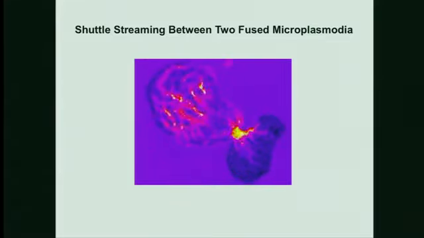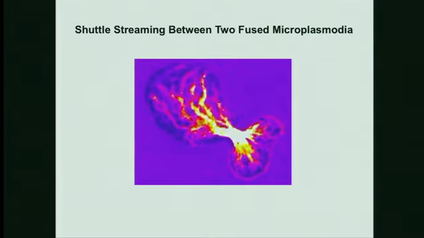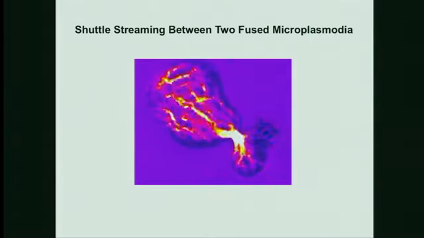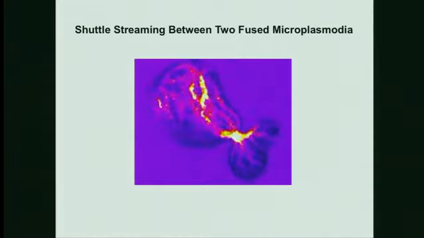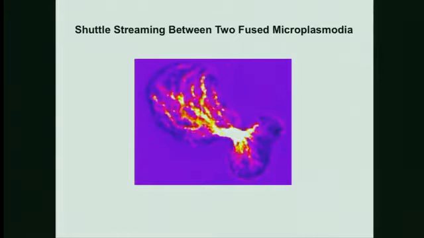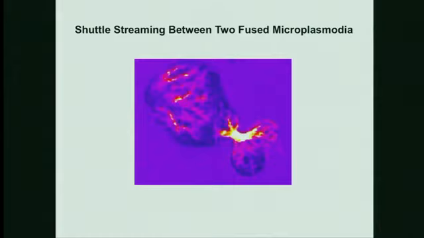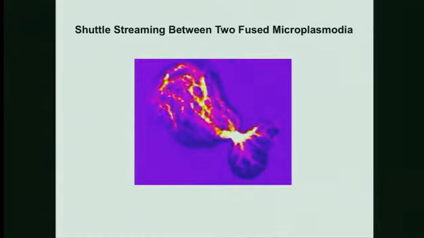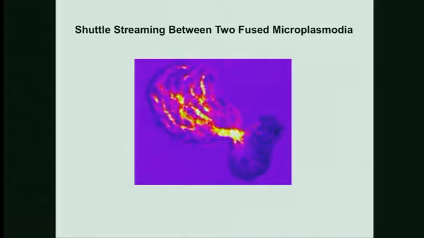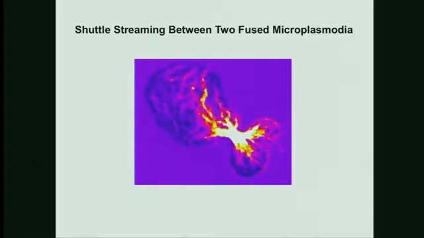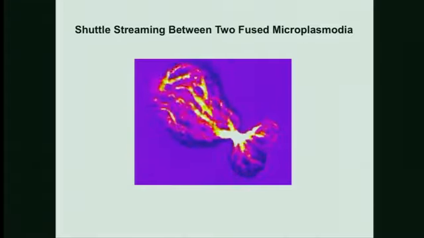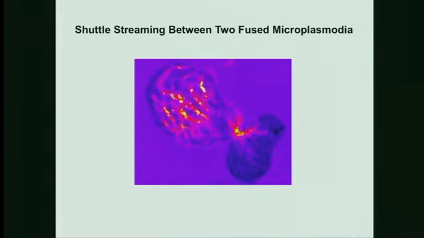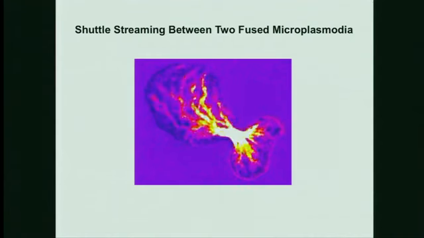These are two of those compartments having joined, and with a period of 2 minutes, they pump cytosol in between the compartments. So you can already see here that there's obviously an internal structure.